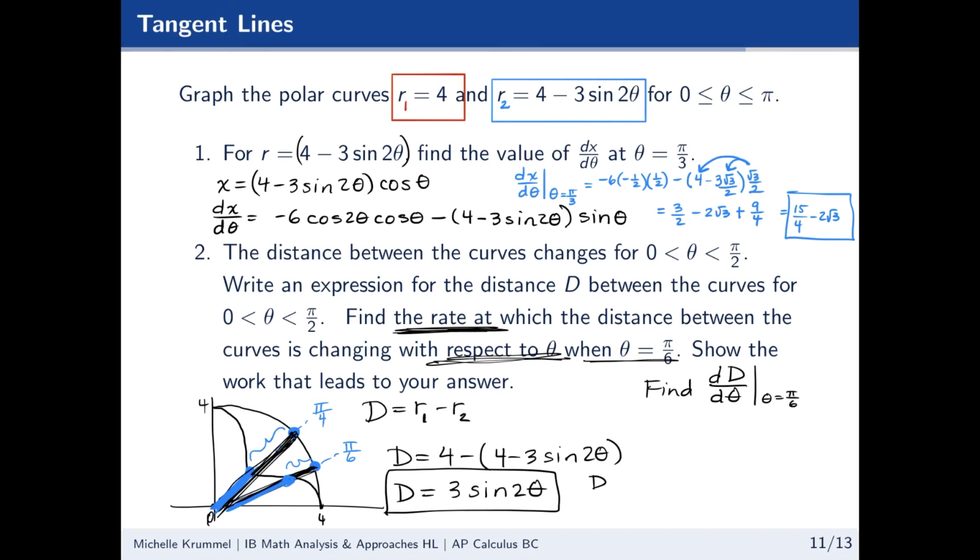So D prime, or dD/d theta, equals derivative of sine of stuff is cosine of stuff times the derivative of the stuff times the constant multiple that was already there. So 6 cosine 2 theta. And then when theta is pi over 6, this becomes 6 times the cosine of 2 pi over 6, which is pi over 3. Cosine of pi over 3 is 1/2. 1/2 times 6 is 3. So the rate at which the distance between the two curves is changing at that moment in time is 3.